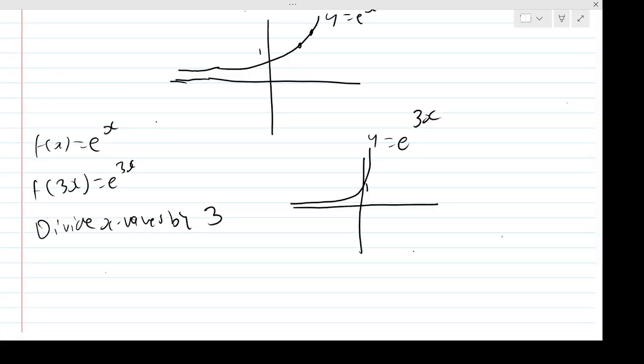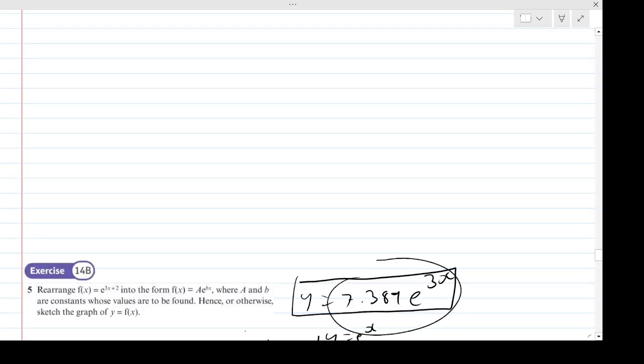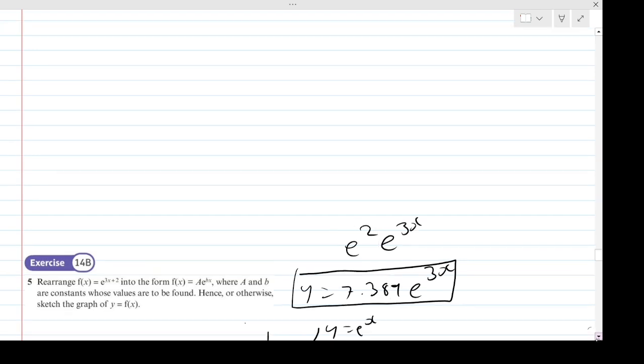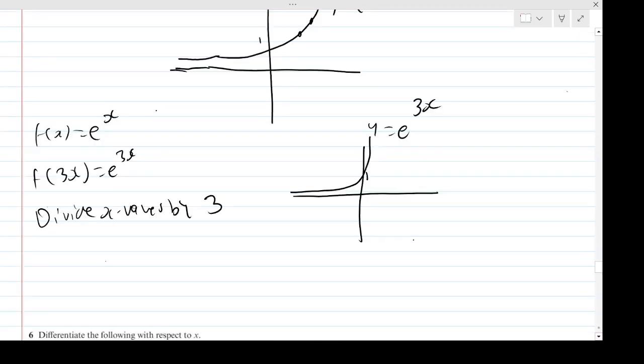But then, of course, we're not sketching e to the 3x, but we're sketching 7.389 e to the 3x, or technically e squared e to the 3x, right? Because remember, e squared is roughly 7.389. So if we're going to sketch that, we need a multiple of 7.389.